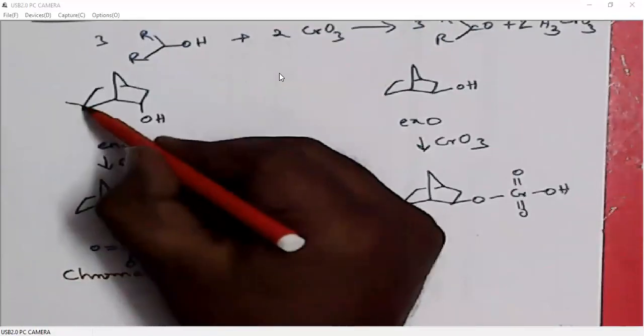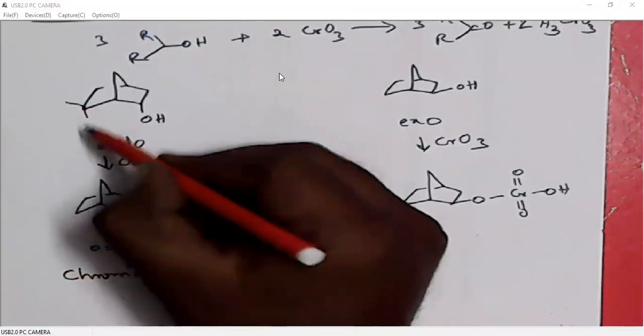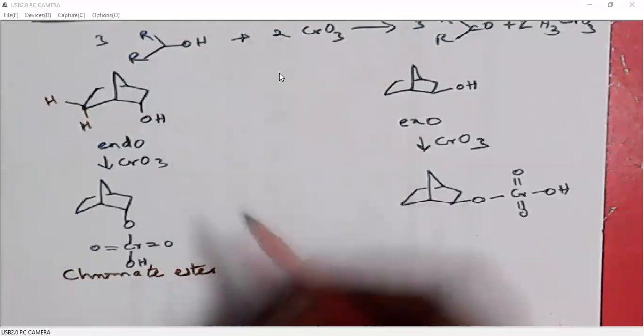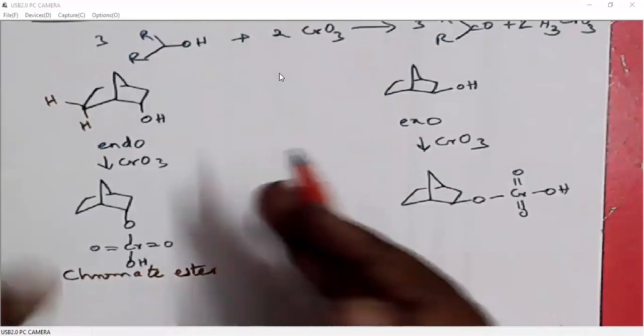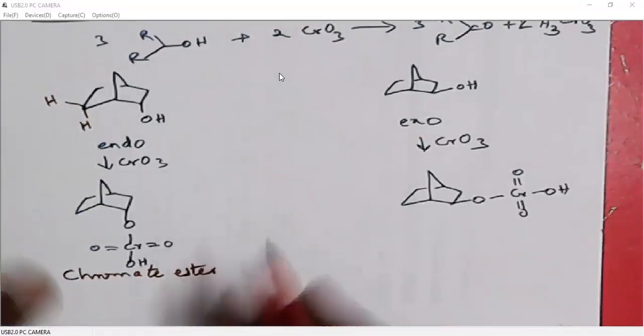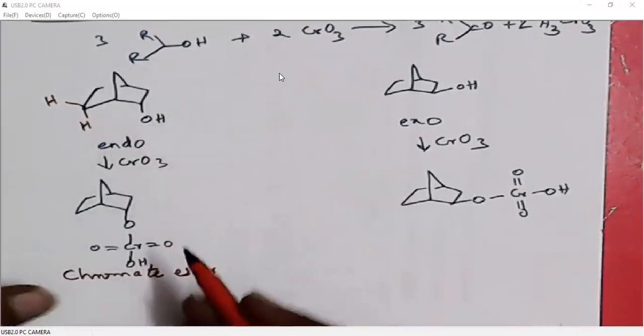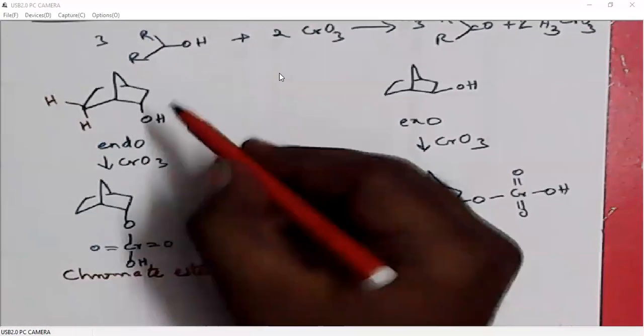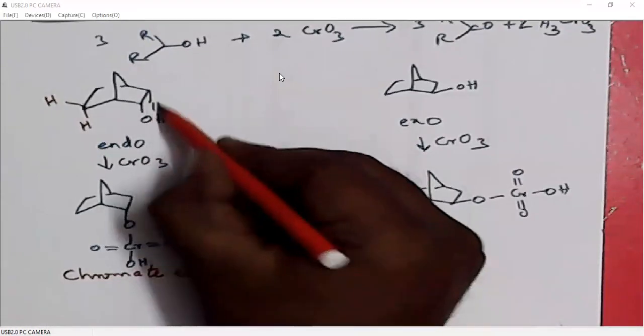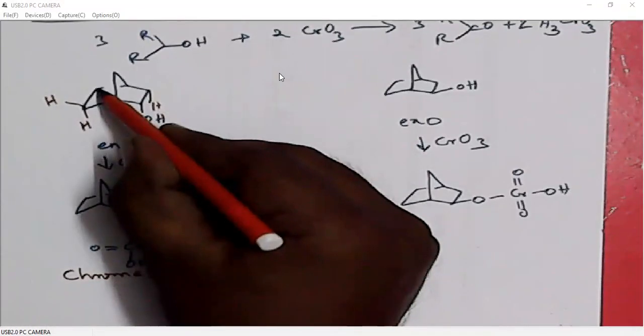Here, the hydrogens will be like this. The endo hydrogens will be exactly coplanar. That means OH and H are coplanar, so they will have steric crowding, even with the backside hydrogens from this carbon.